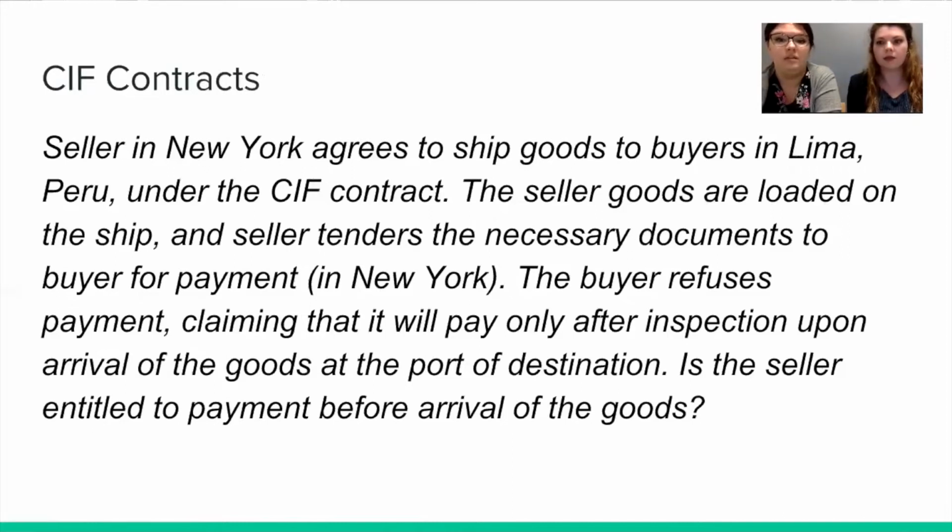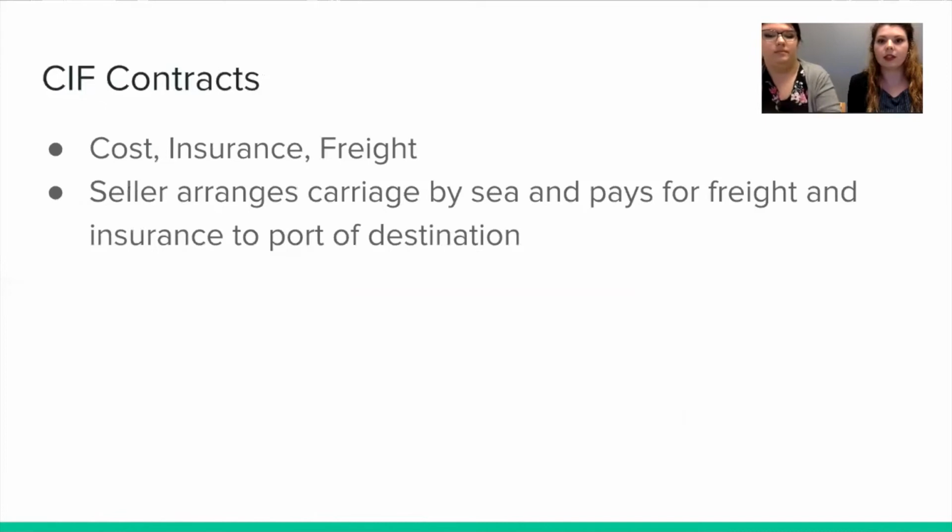Is the seller entitled to payment before arrival of the goods? And the answer is yes, the buyer has the duty to pay upon the presentation of documents by the seller. So with CIF contracts, CIF or cost, insurance, freight is basically where the seller is to arrange for carriage by sea and to pay freight and insurance to a port of destination. The seller's obligations are complete when the goods are placed on the ship.